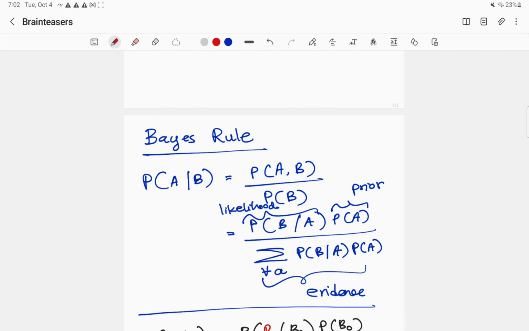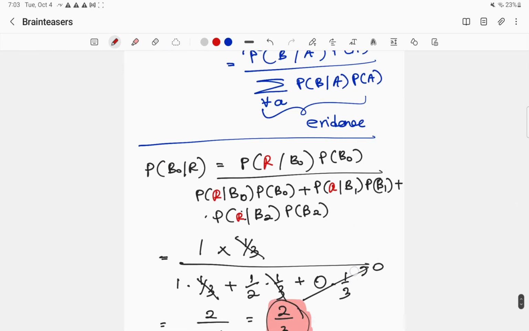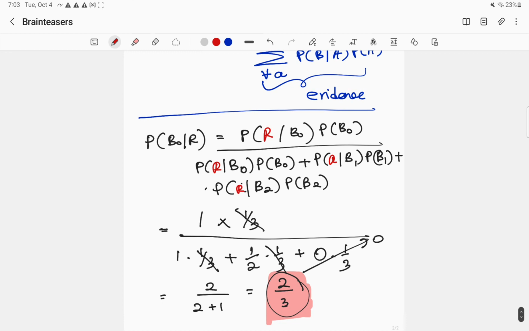Having one observation, we find the probability of the other event. So we plugged in the numbers, examined the problem, and finally found the answer.